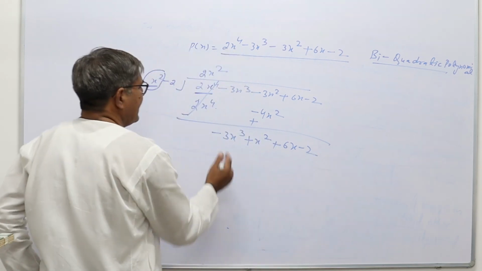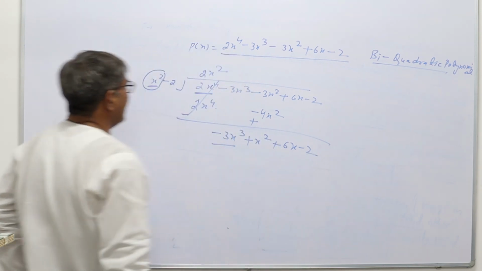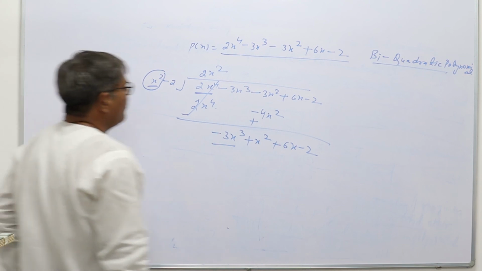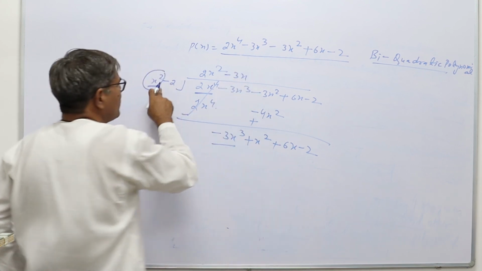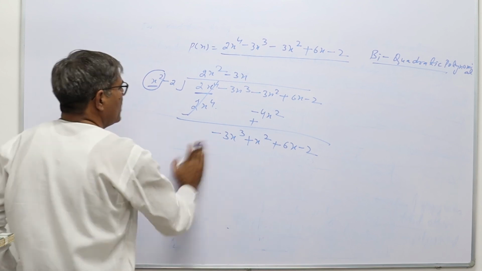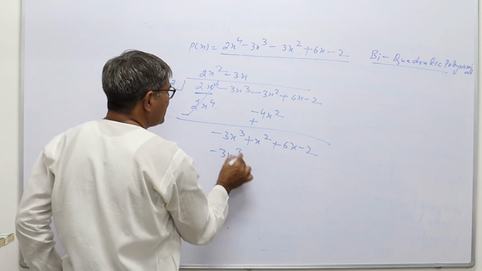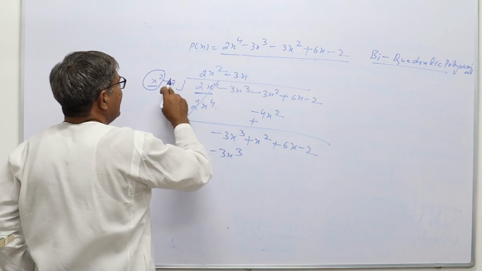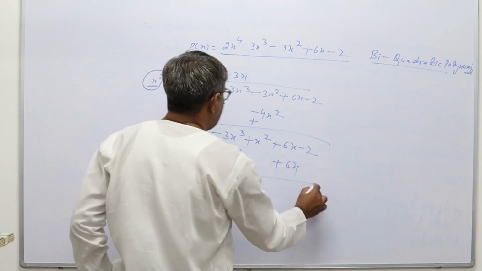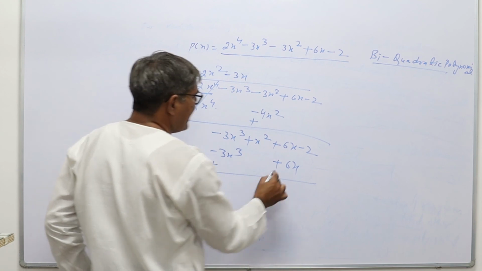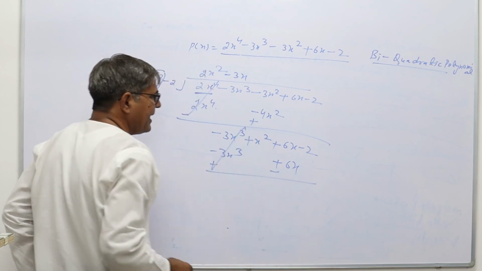Again see the highest degree term is minus 3x cube. So by whom will we multiply? Minus 3x. Minus 3x into x square is minus 3x cube, and minus 3x into minus 2 is plus 6x. Again subtract, so it will be plus, it will be minus. Cancel out.